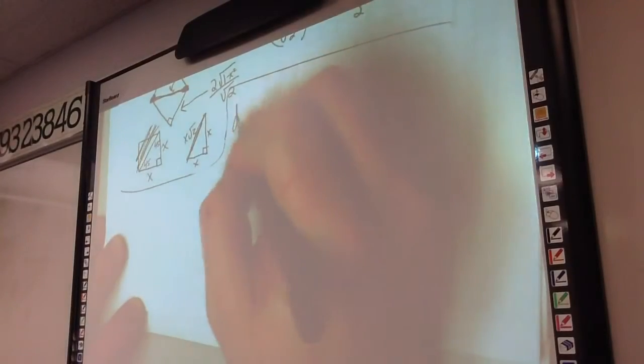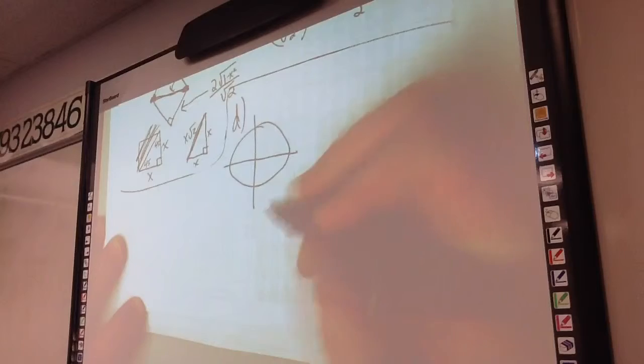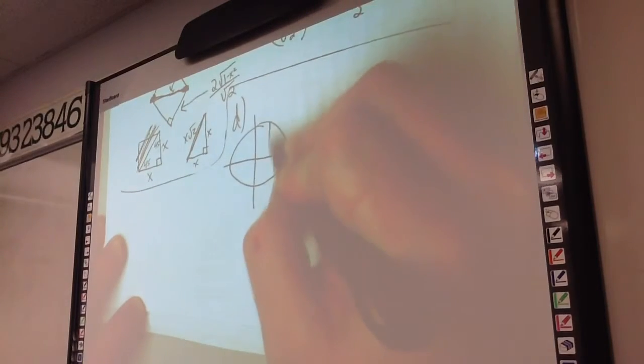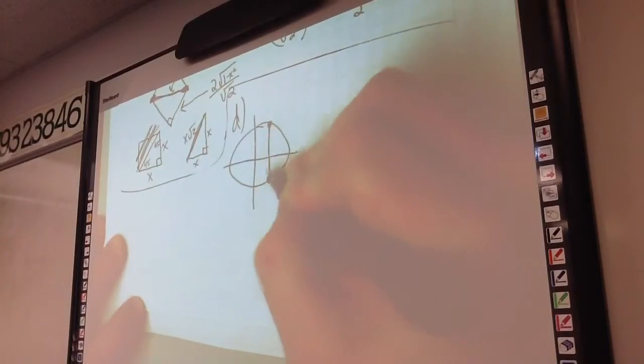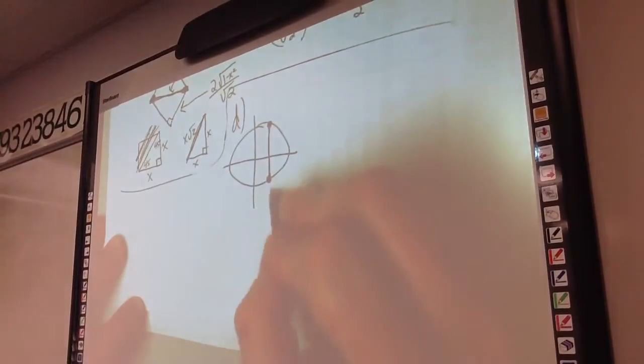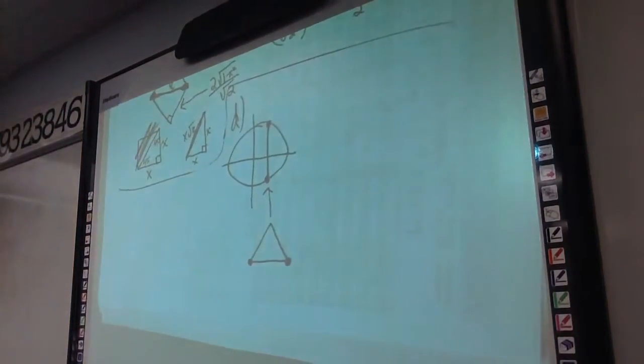So D, now we've got this, but our cross sections are triangles. So now it's the same thing. I still have this side, but now it's a triangle that comes up out of there. So that is now a triangle, and there's my 2. They're equilateral triangles. That's important.